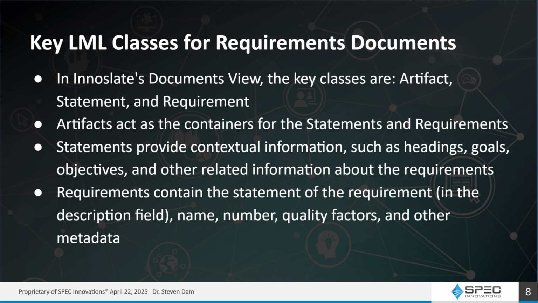But we also add other metadata: the name, the number, quality factors, all kinds of other things. And we use labels to do the typing of it. So if you have a safety requirement, you can identify it with a label, and that way you can sort and get just your safety requirements. So again, these are mechanisms that help you work with it as a database tool, but in that document-like form.